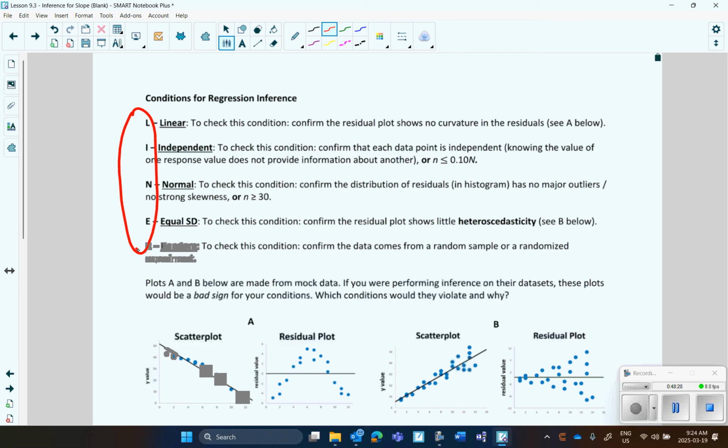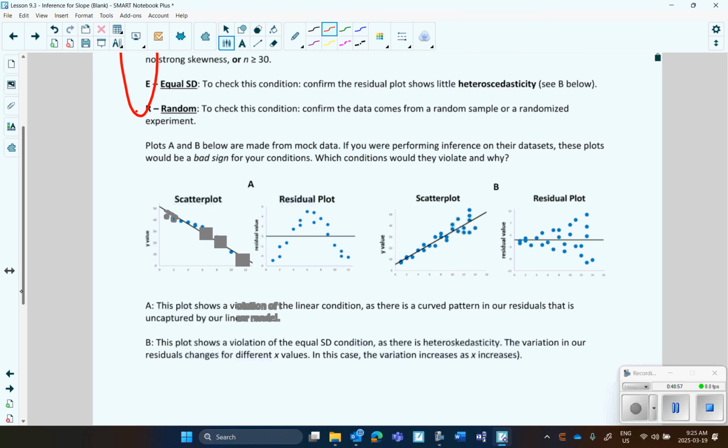We've just added 2. So the first one, which is new, is linear. We have to establish that there is a linear relationship between the two. And to do that, we look at the residuals. And we've done this before.